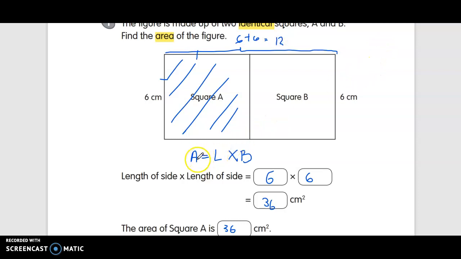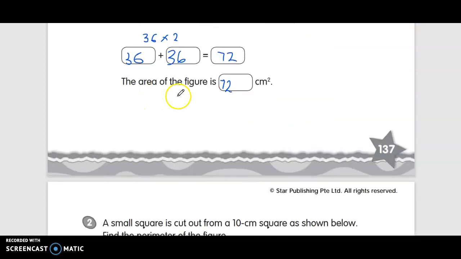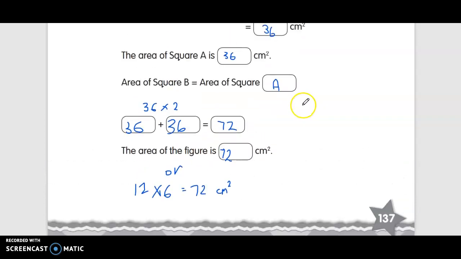Again, remember, area equals length times breadth. So some of you may want to do it this way. So you can find the total here, 12 times 6. Okay, so I will write here or. That means an alternative way to do it. 12 times 6. It will also give you 72 cm square. So there are 2 ways. See which you are more comfortable with.